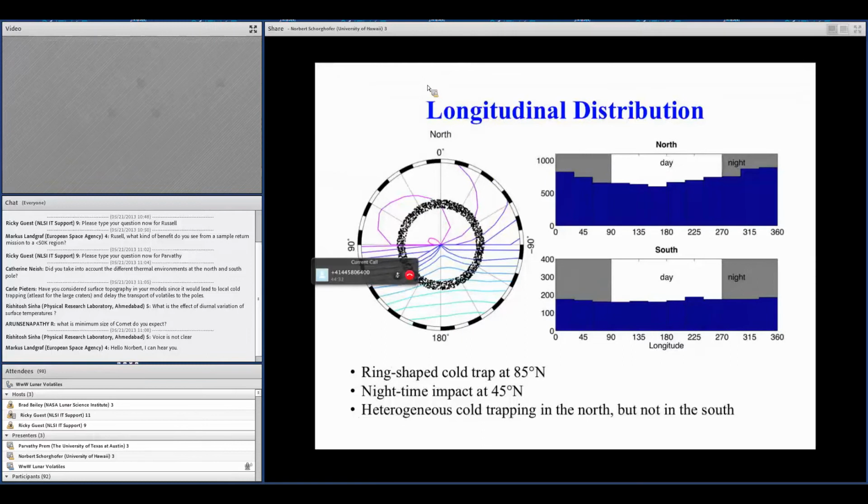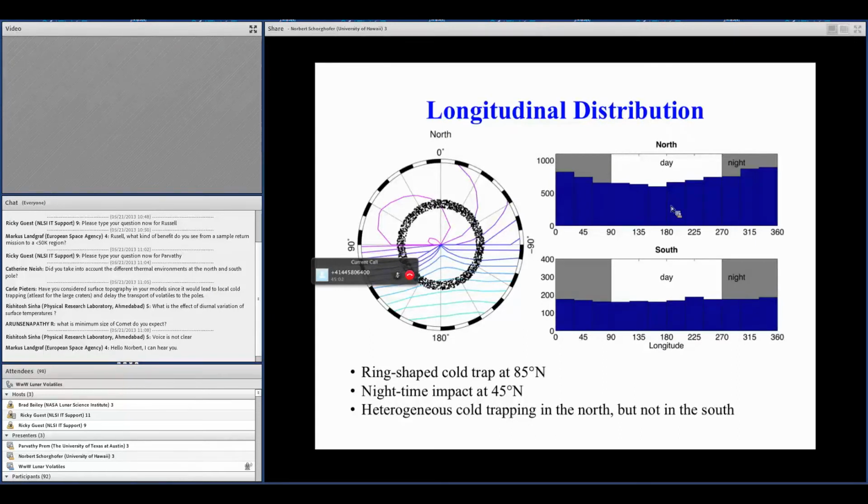And so what I'm showing here is we again have an impact at nighttime at 45 degrees latitude north, and then I'm using a ring-shaped cold trap just to figure out what the longitudinal dependence is. And the answer is there's a bit of longitude dependence in the north, with about a third difference between dayside and night side, but not in the south, because the south is much further away from the impact in the north.